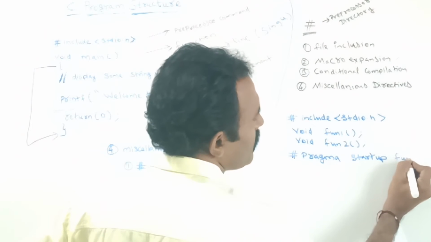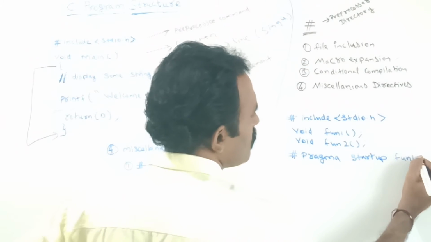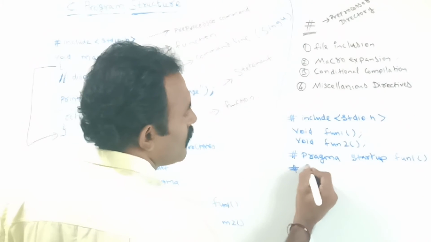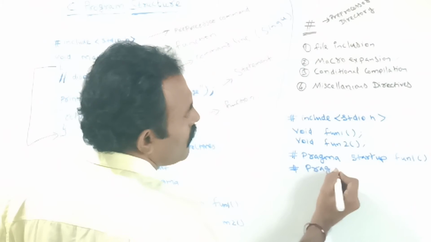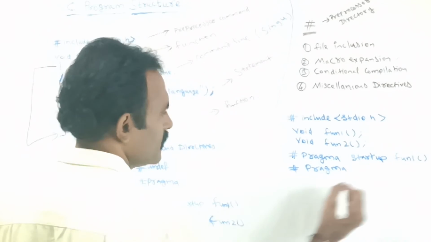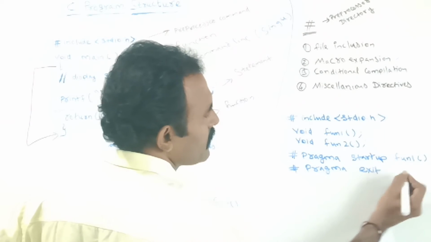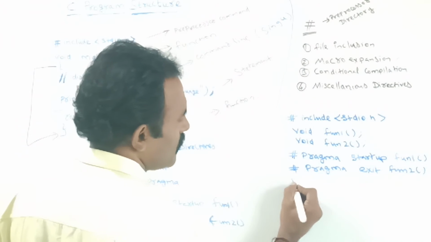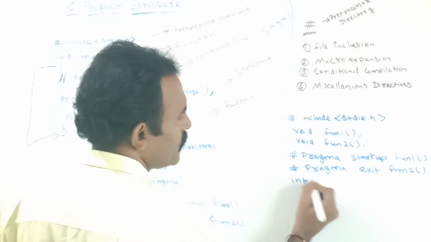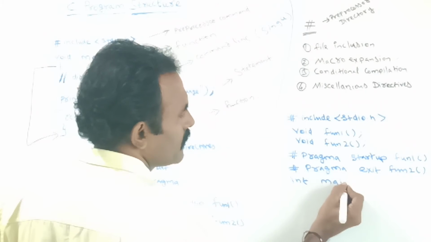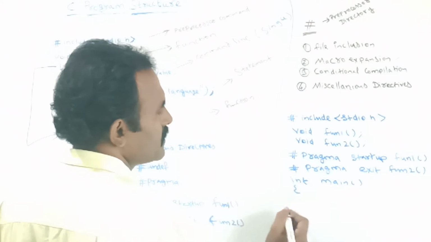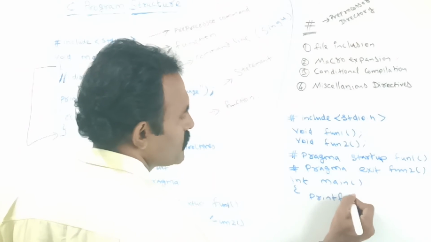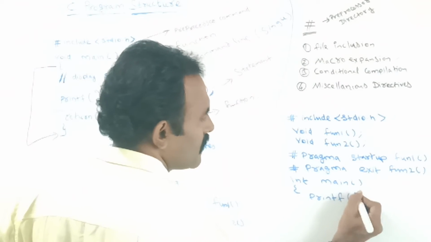Here function 1, and next, Pragma exit, function 2. Now write the code, that is main. This is the main function. Inside the main function I am using the printf function.